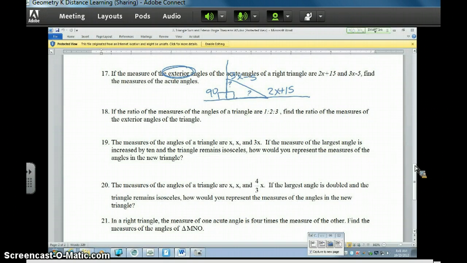Now, if we hadn't learned the polygon lesson yet, we wouldn't know to add those three to equal 360. But we've learned the polygon lesson, so we know that 90 plus 3x minus 5 plus 2x plus 15 equals 360. Because we know the exterior angles of any polygon add up to 360. So we would solve that, and what would we get for x?